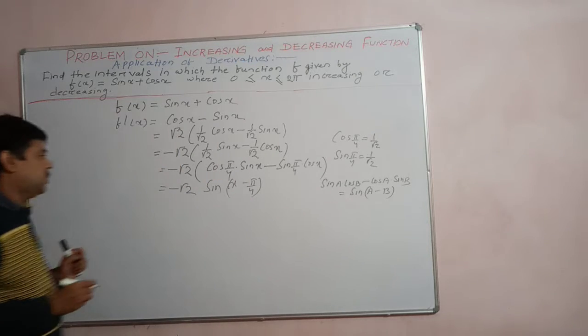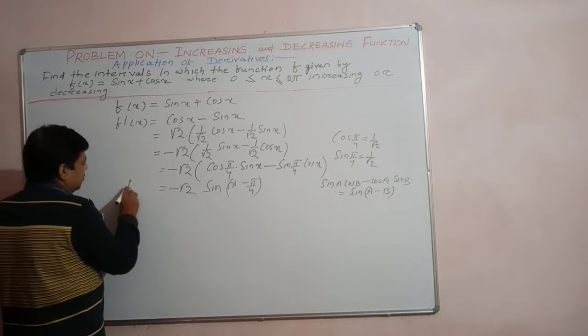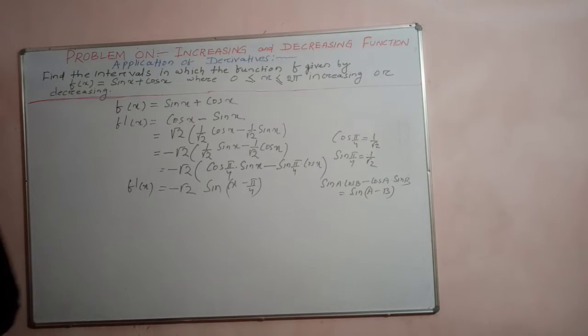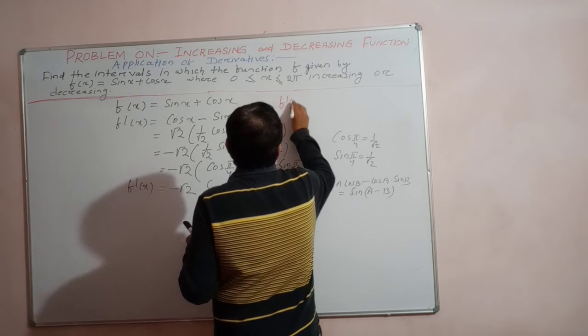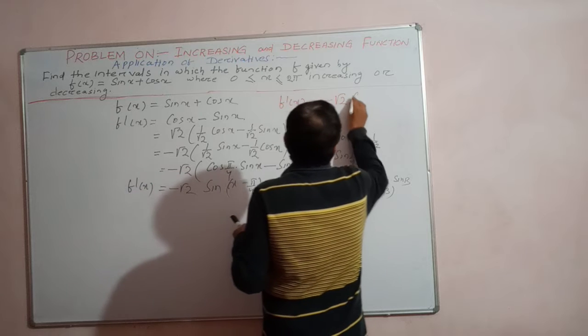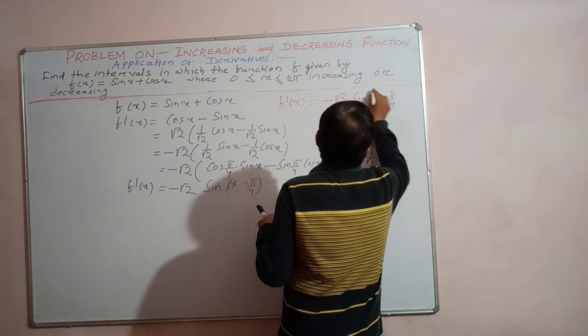Here the formula gives minus root 2 sin(x − π/4). So we got f'(x) = −√2 sin(x − π/4).